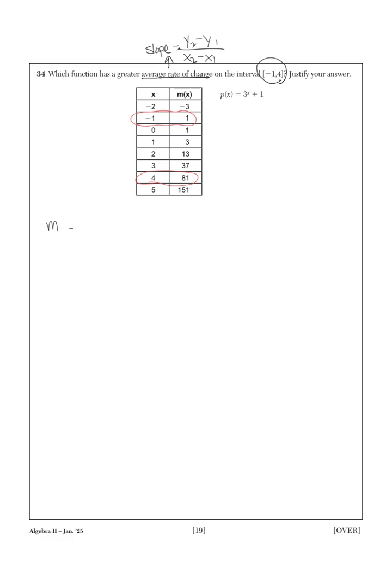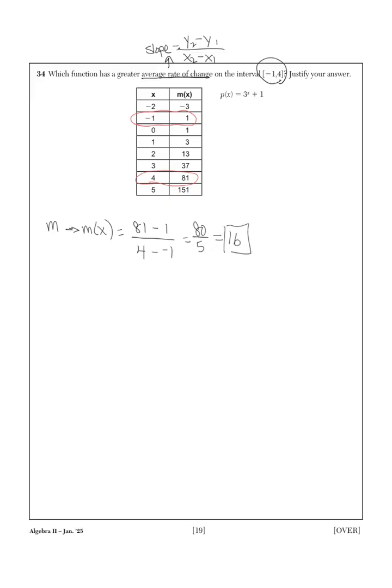For the slope for m of x, I would do y2 minus y1, so 81 minus 1 over x2 minus x1, so 4 minus -1. And then I just work that out. So that's 80 over 5, which is 16.